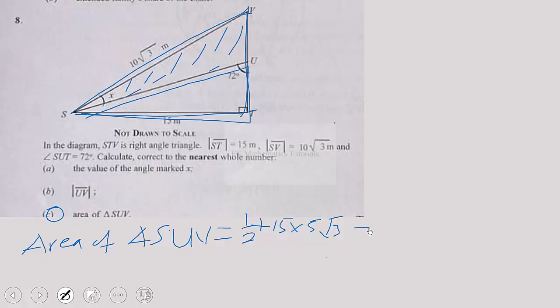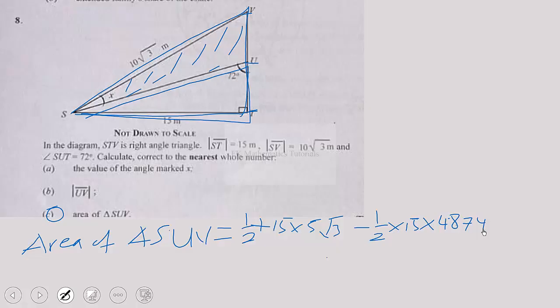That one too is 1 over 2 times 15 times the height TU. The height TU, we found it to be 4.874.